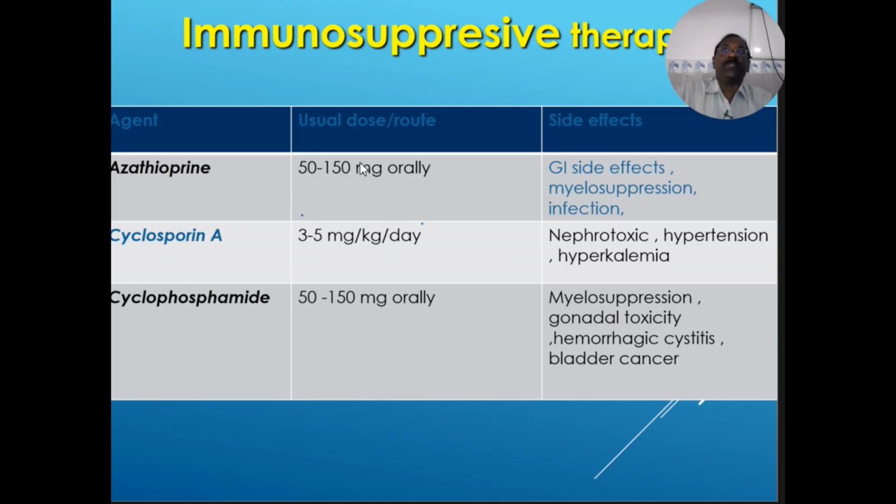Cyclosporine increases blood pressure. Dose is 3 to 5 milligrams per kg per day, and it is nephrotoxic, with hypertension and hyperkalemia. Then cyclophosphamide, 50 to 150 milligrams. Side effects: myelosuppression, gonadal toxicity, hemorrhagic cystitis. So that is very common with cyclophosphamide. And bladder cancer.